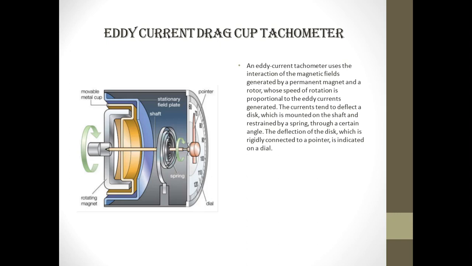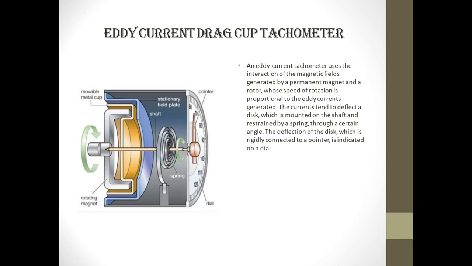This movable metal cup is further connected with a pointer and has a scale, and this is connected with a shaft which is loaded with a spring. This metal movable cup rotates and produces a torque which gives the output with the help of the pointer and indicates the speed of the shaft which is connected to the magnet.